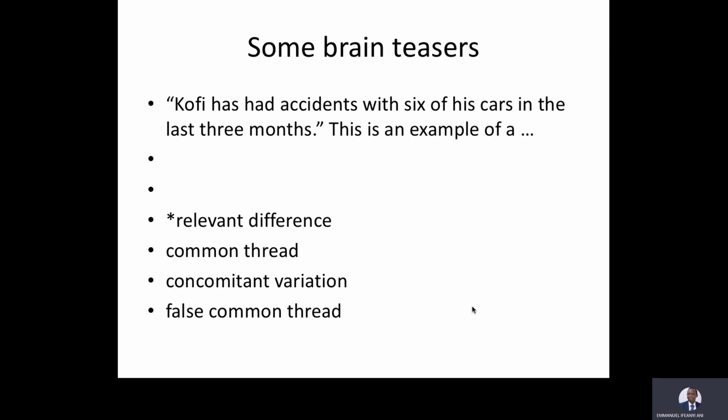You're looking for what makes the difference. We are talking about 6 cars. What is it about these 6 cars that led to the accident? It is Kofi himself. So Kofi is the relevant difference in finding the causes of these accidents.